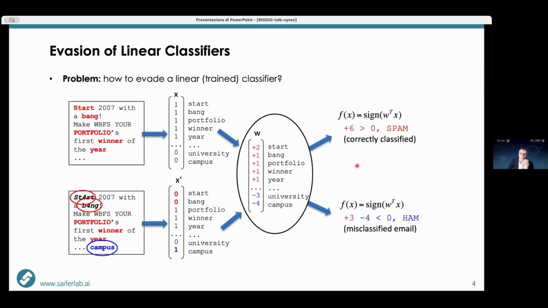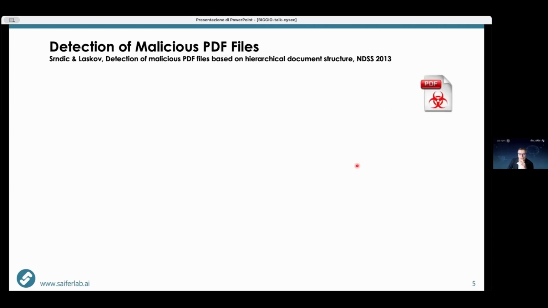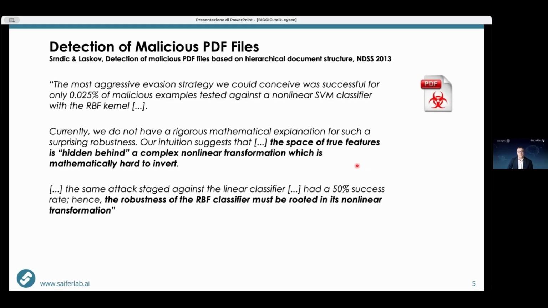And what was not clear at that time was that essentially, if you have more complex models, these also could be trivially bypassed. And this was not clear up to the point where, in certain papers, this is just an example, people have been claiming that this sort of complexity of the models basically hides some of the details that the attacker could exploit to essentially bypass the model, making the system more robust in a sense.